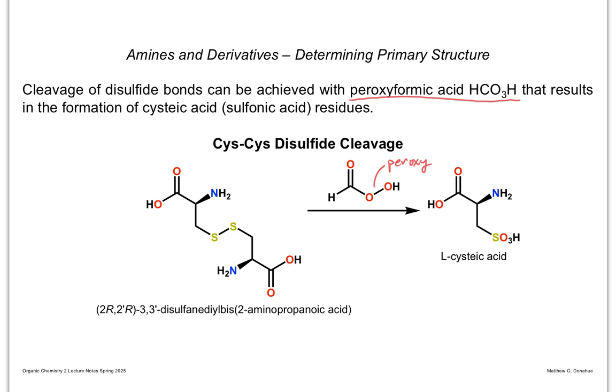What that serves to do is it cleaves the disulfide bond, and then it oxidizes the sulfur, in this case making a sulfonic acid or L-cysteic acid. So the peroxyformic acid, say in vasopressin, it's going to cleave that big ring that's formed by the disulfide bond. Then you can go through your either enzymatic or chemical methods of determining the primary sequence.